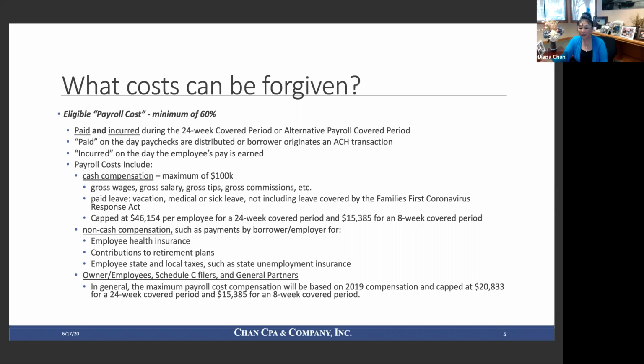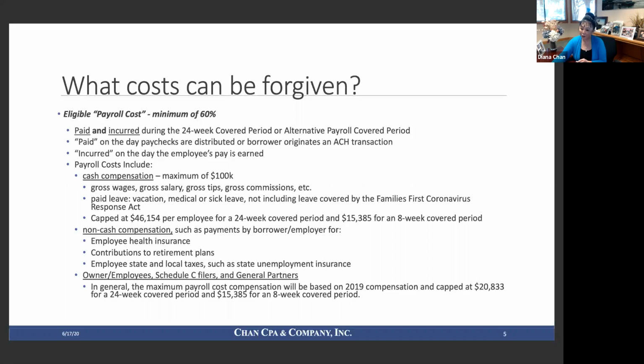Now, the great news is if it's for a 24-week period, the maximum for any employee besides owners of companies would be $46,154, which is 24 weeks times $1,953 or thereabouts.